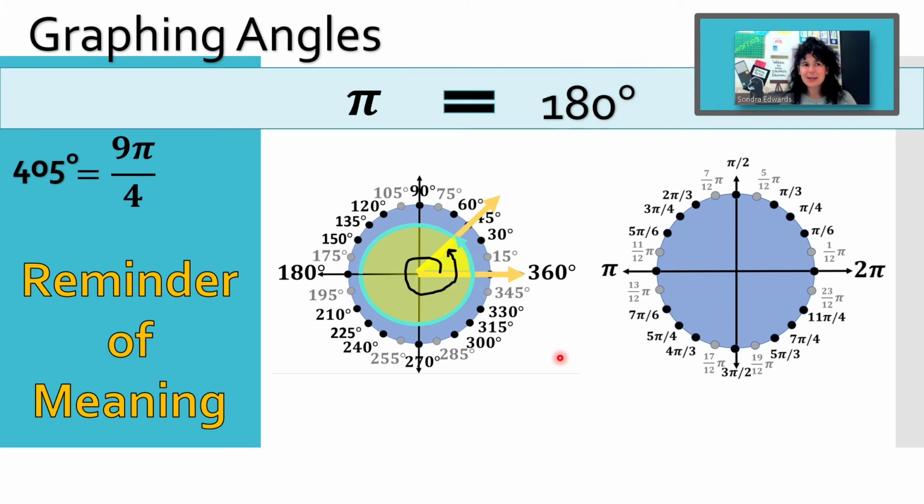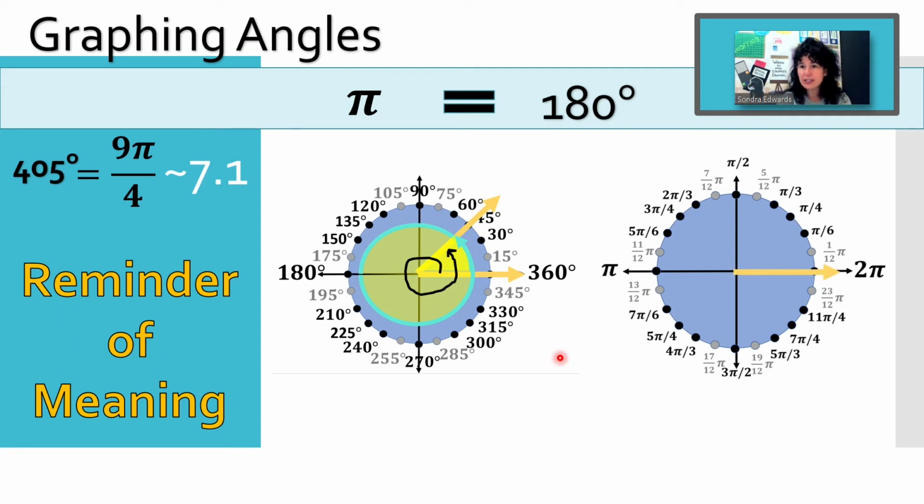yes, of course it's going to be the same because we know 405 degrees and 9 pi over 4 are the same. But just thinking about this a little bit differently, 9 multiplied by 3.14 divided by 4 is about 7.1. So we just need to go around on the arc length a little more than 7 radii. A full circle is a little more than 6 radii. So we're just going to go 1 radius more than a full circle for our sketch.